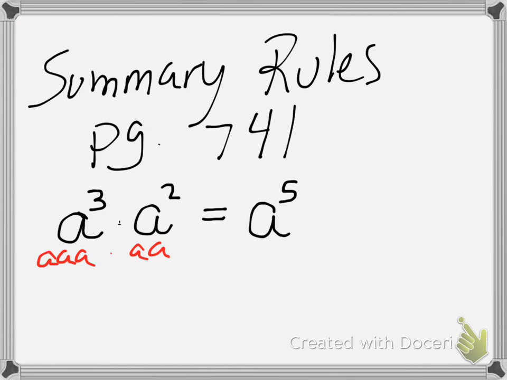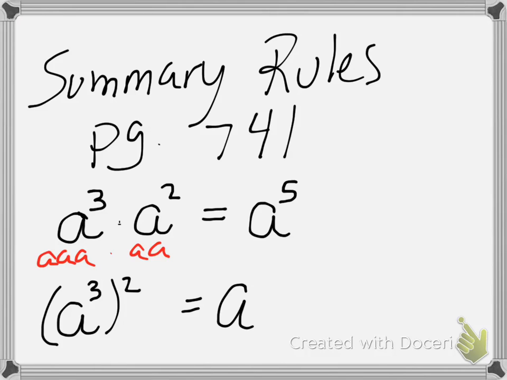And then knowing that A cubed squared would be A to the 6th. So the shortcut is multiplying. And again, the reason for that would be that you would have 2 sets of 3 A's. So knowing the difference between these two, that is the big concept for this section.